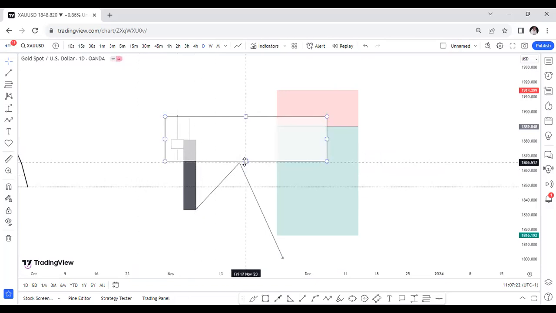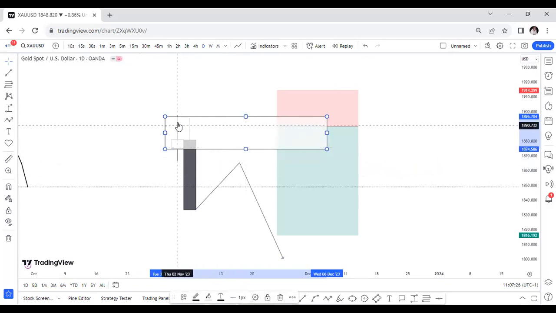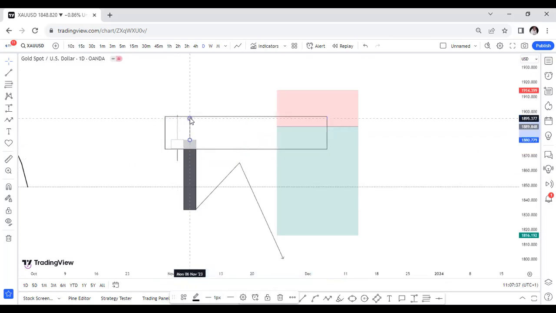But when you have a kind of this thing you cannot contain, you can use the body, from the high to the open. Not this candle, you are focusing on this. But if this extends longer like this, what do you do?